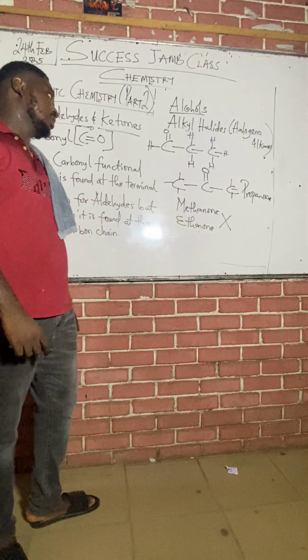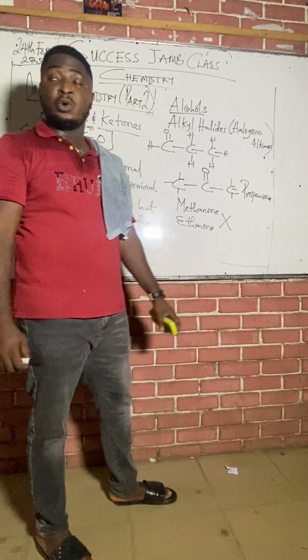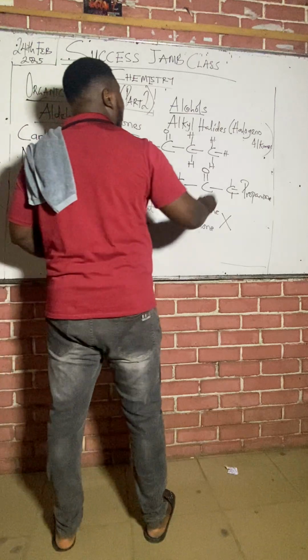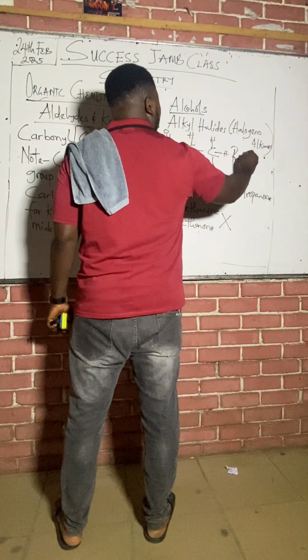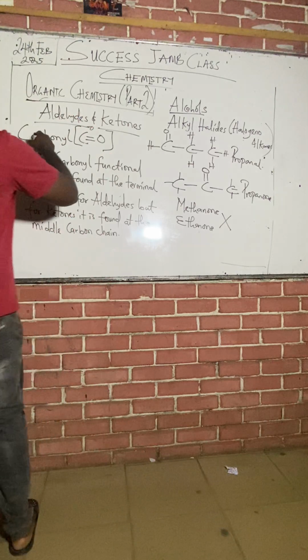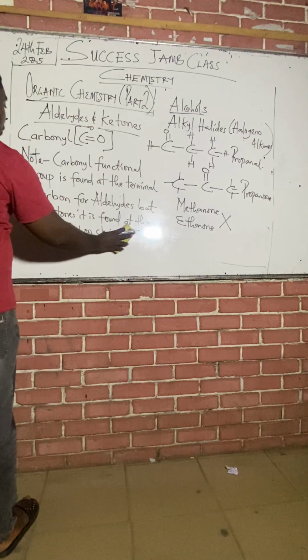Class, are you seeing it? So this is propanone, 1, 2, 3. But this is propanal, 1, 2, 3. Remember aldehydes are also called alkanals. Aldehydes are also called what? Alkanals. And ketones are alkanones.